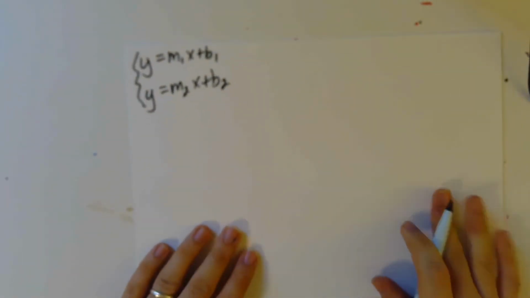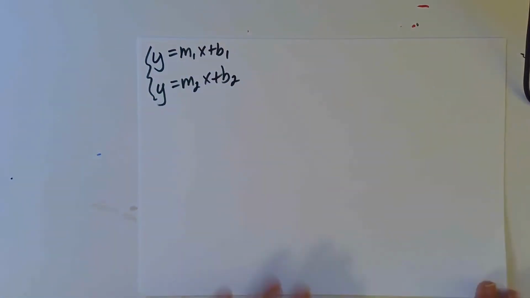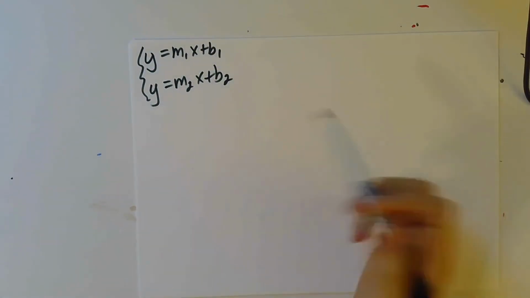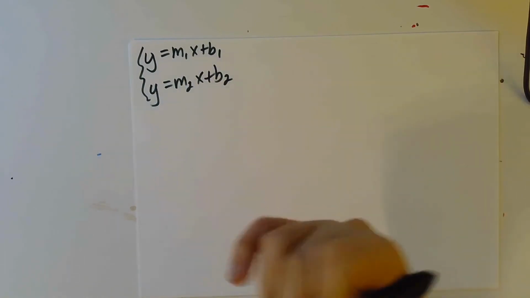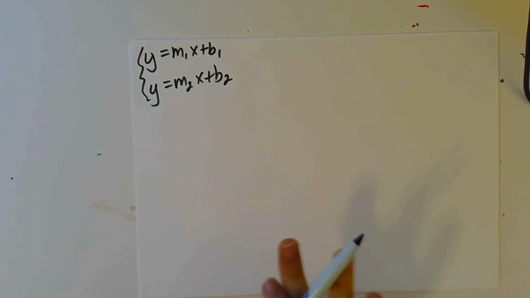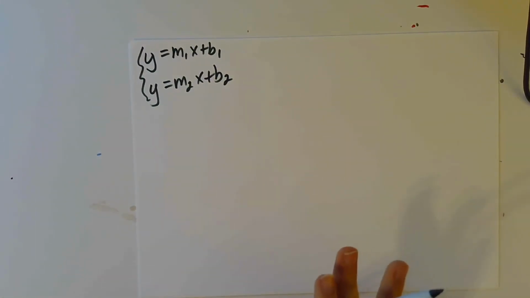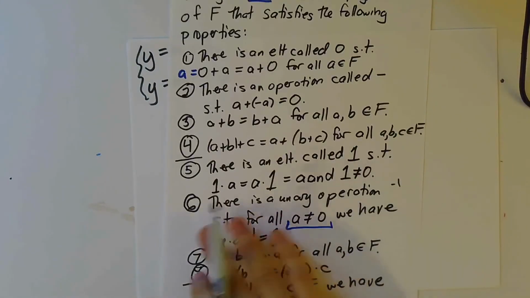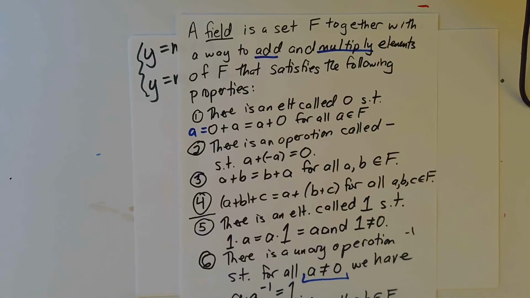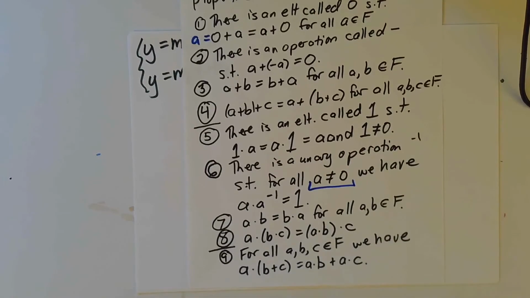And I want to solve this system of equations in the field F. So I have to think pretty carefully if I want to make super sure I don't cheat at all. And if I want to make super sure I don't cheat at all, I really have to make sure at every step I come back to this sheet and refer to the axioms of a field.